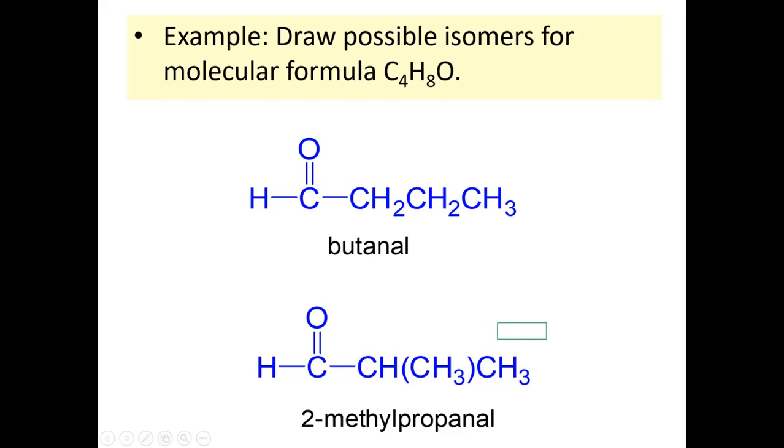So here, the number of carbons in the structure is the same. 1, 2, 3, 4. Here also 1, 2, 3, 4. And also the number of oxygen and hydrogen is the same. But the arrangement of the carbon is different from this one and this one. Okay, this is what we call isomers.